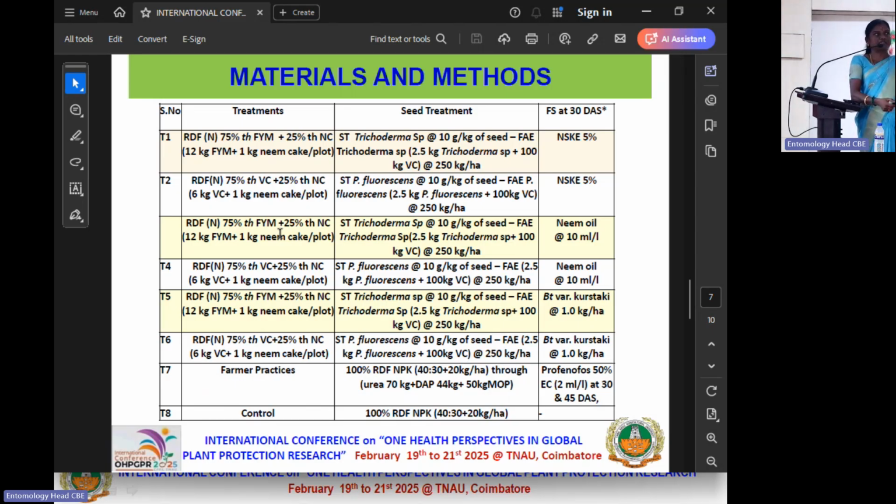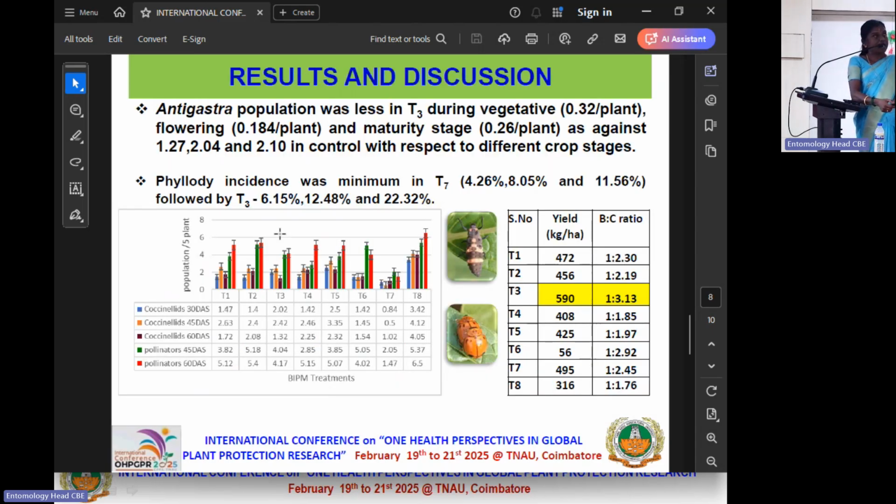Because of these treatments, we observed that treatment T3 was found to be effective in reducing the Antigastra damage and the leafhopper population, and ultimately the phyllody incidence, right from flowering to the reproductive stage. In addition, as usual, our aim is to reduce pesticide residue problems and improve soil health, plant health, and ultimately human health.